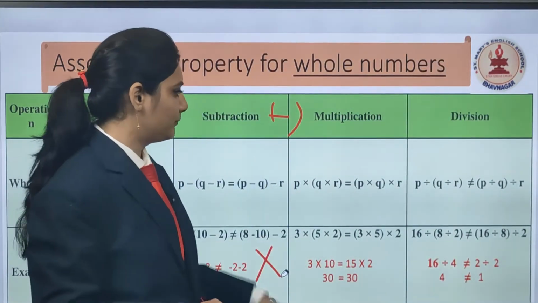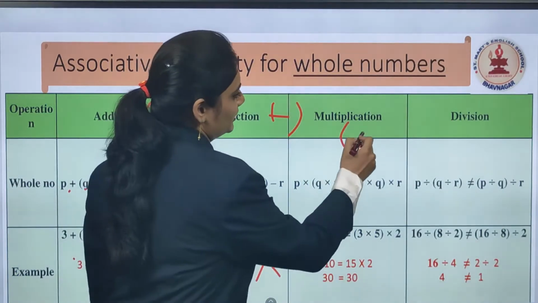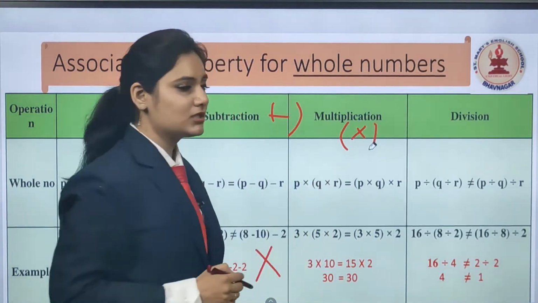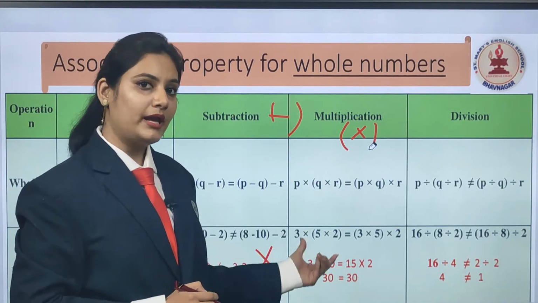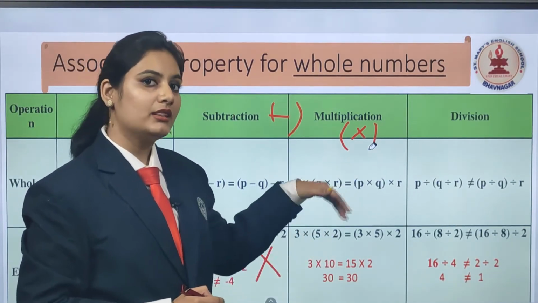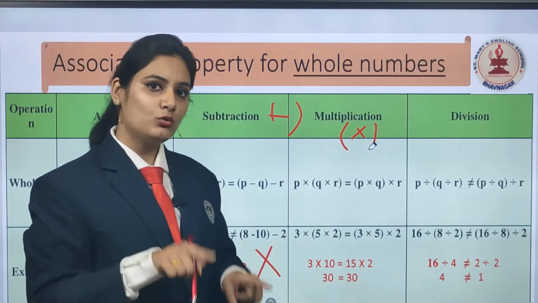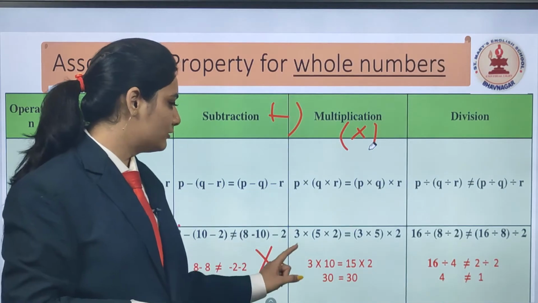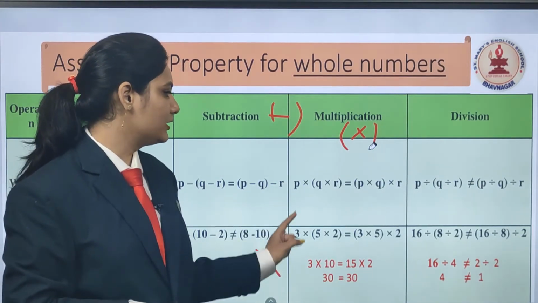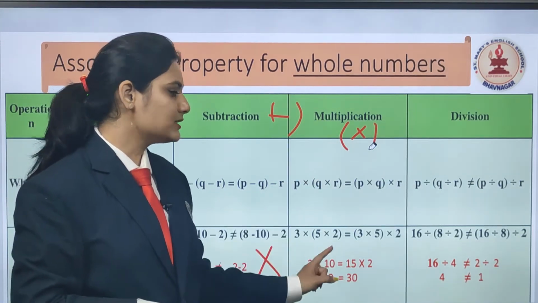Now coming to the multiplication, what is the sign of multiplication? It is this cross one, right? P into bracket Q into R is equal to bracket P into Q closed into R. So we will solve one example. P is 3, Q is 5, R is 2.